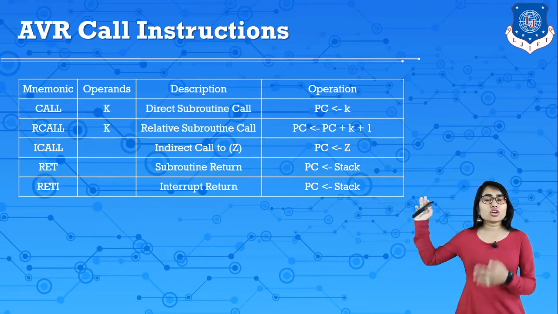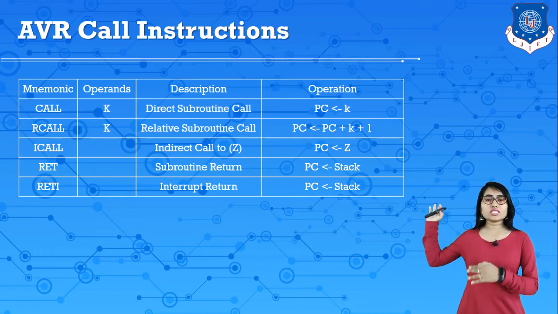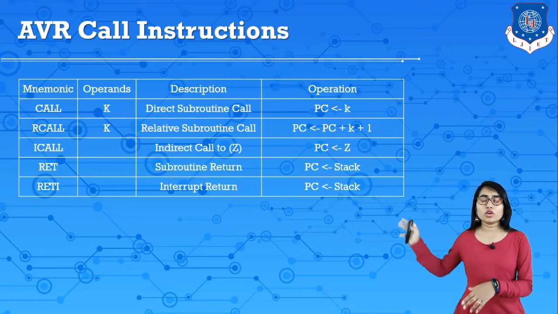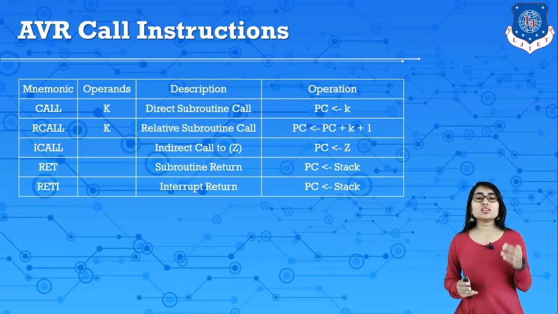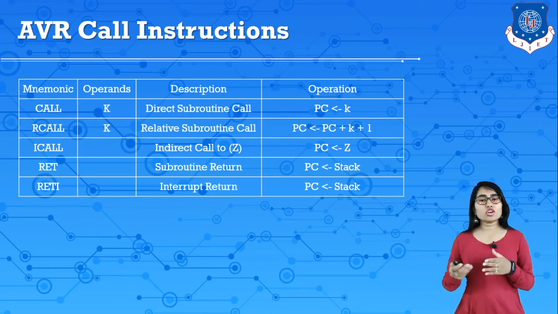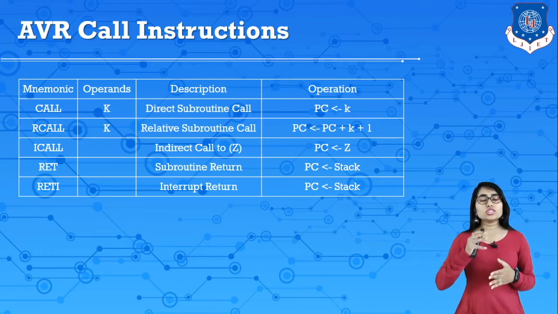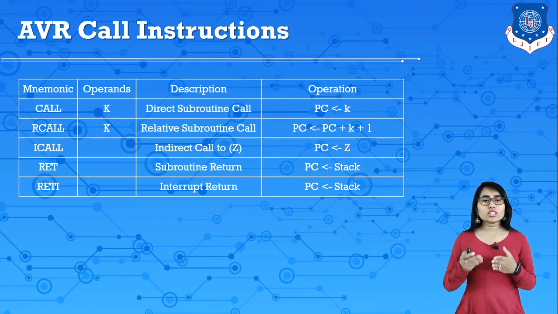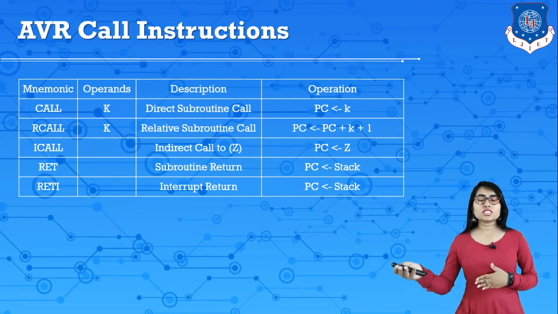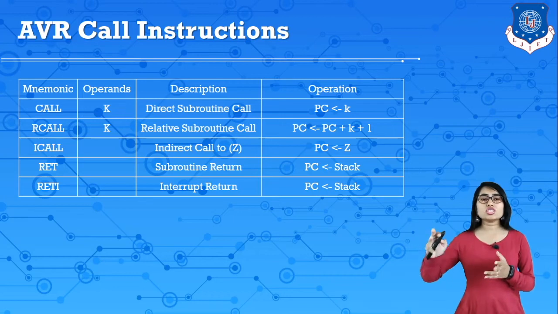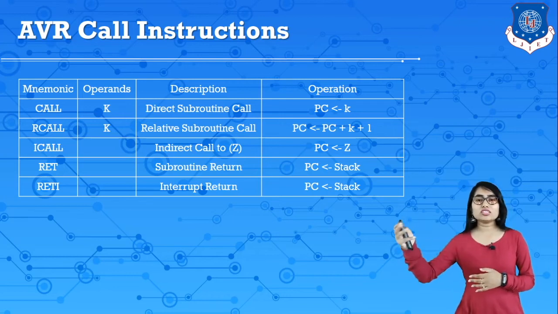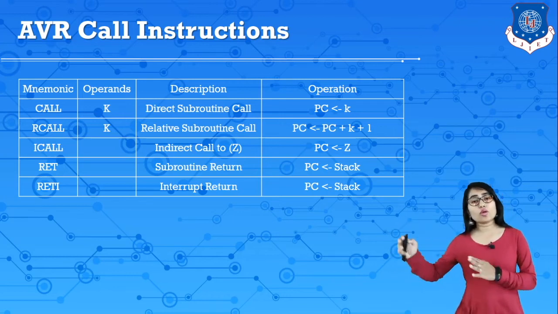So whenever this call is written, the address specified here is copied into the program counter, and as the program counter has the address of this subroutine, whenever the program is executed, the instructions at that location are executed. After the call instruction, the program counter goes and fetches the next instructions from that subroutine.